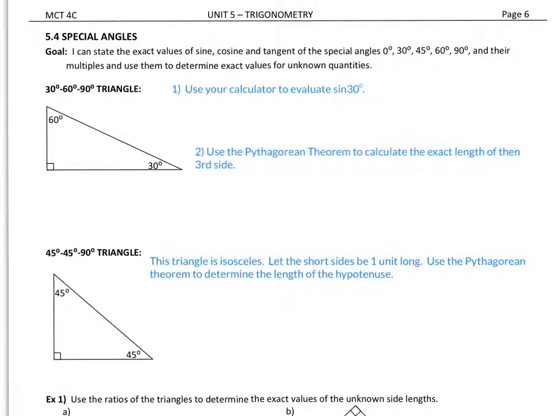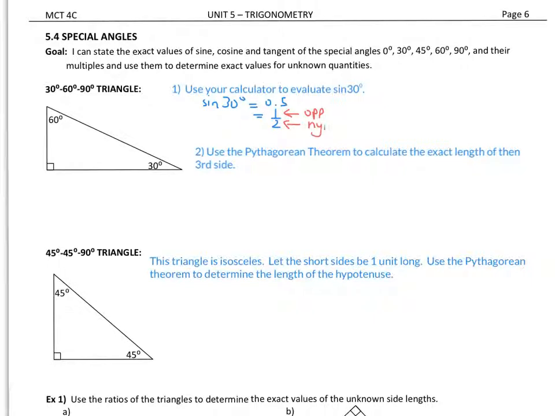Now, if we think about what sine means, let's write this down for a second. The sine of 30 degrees is equal to 0.5. 0.5 really is the same thing as 1/2. 50 cents is half of a dollar, so that's 1/2. And the sine really is the ratio of the opposite compared to the hypotenuse.